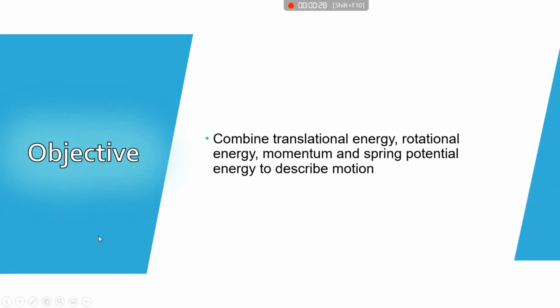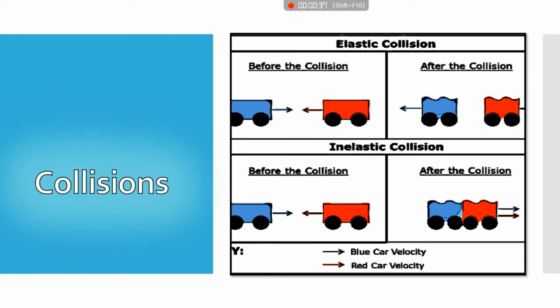Okay, so we're going to combine a lot of principles that we've covered over the past couple weeks: translational and rotational energy, momentum, and spring potential energy in a new situation. Before I do, I'm going to quickly review our collisions. What's the key difference between an elastic collision and an inelastic collision? In an elastic collision, kinetic energy is also conserved.